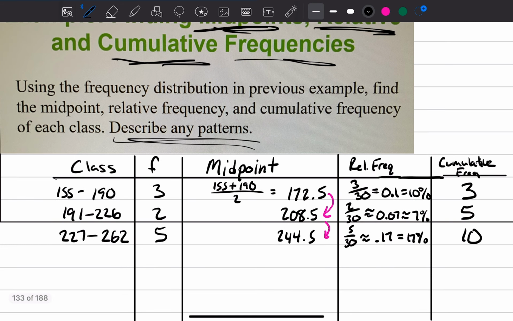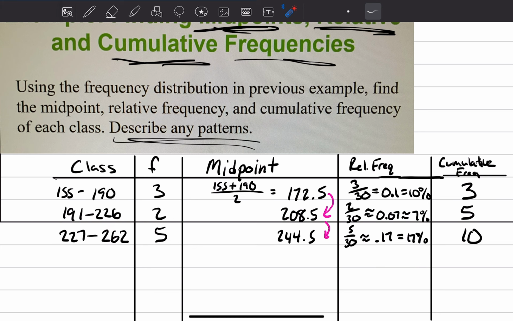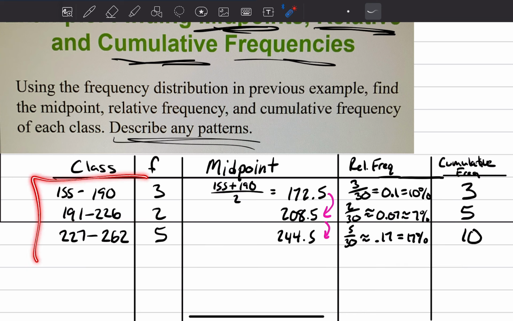Just from what I filled out right now, a pattern that you could see, and if you filled out the whole table, you would recognize more, is that this class here is a pretty, we'll call it popular one, right? A lot of the data is in this class. Now, that's only out of these 3 here, but that's one thing that we could point out right now.